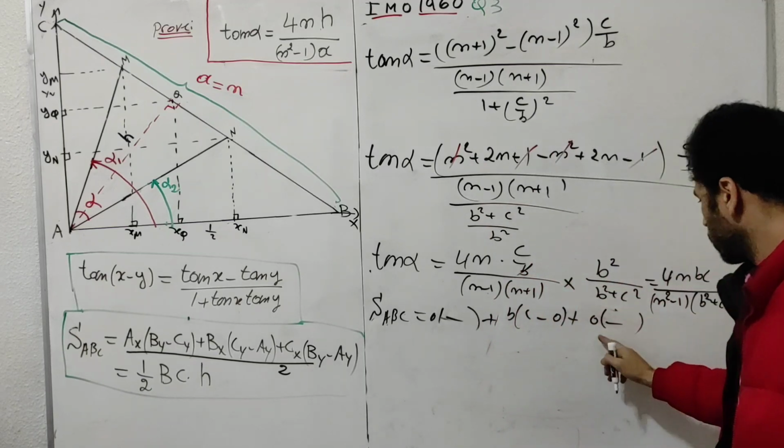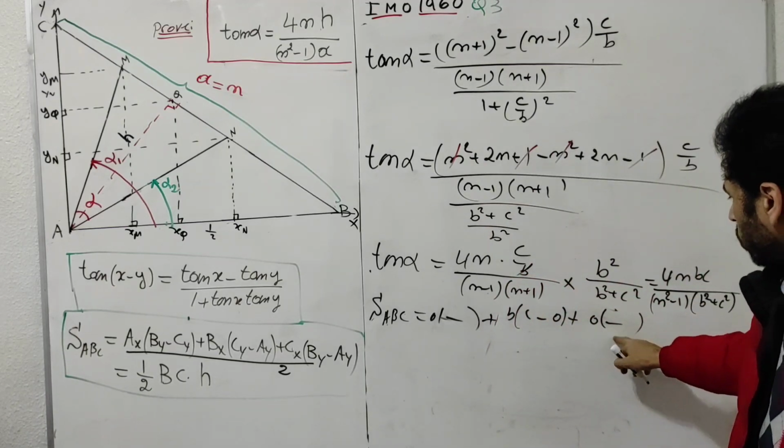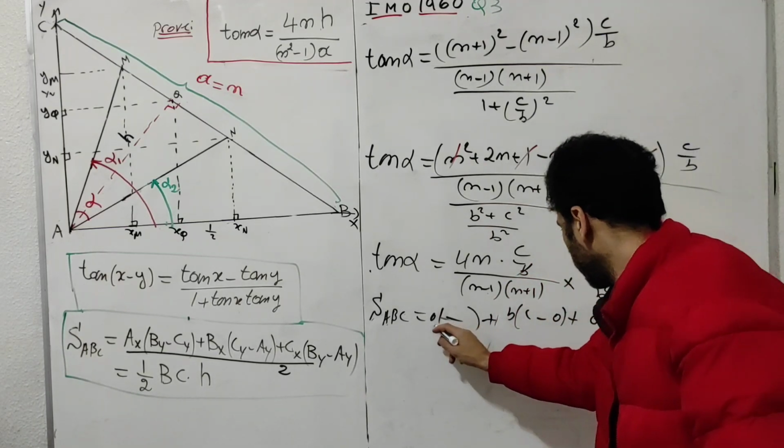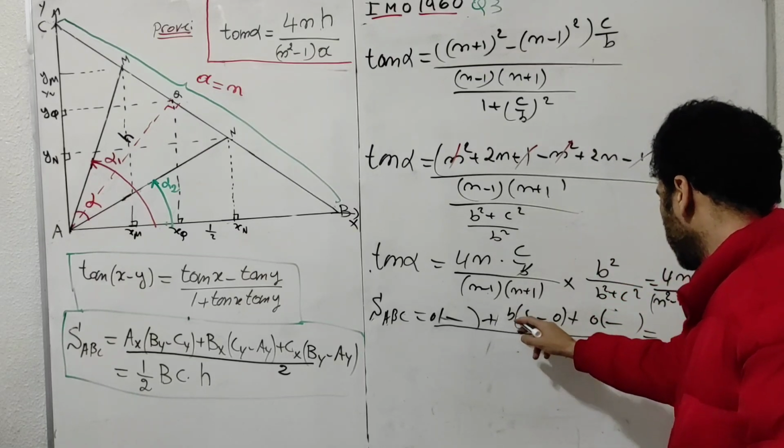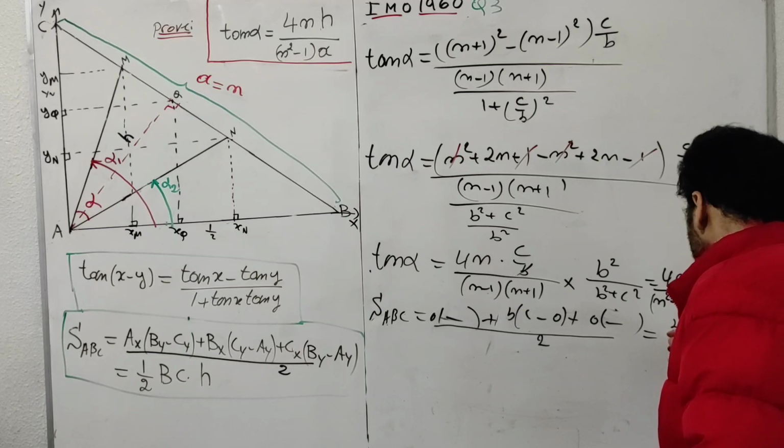So whatever the term is, the whole thing is turned into 0. And divided by 2, so I will be left with BC divided by 2.